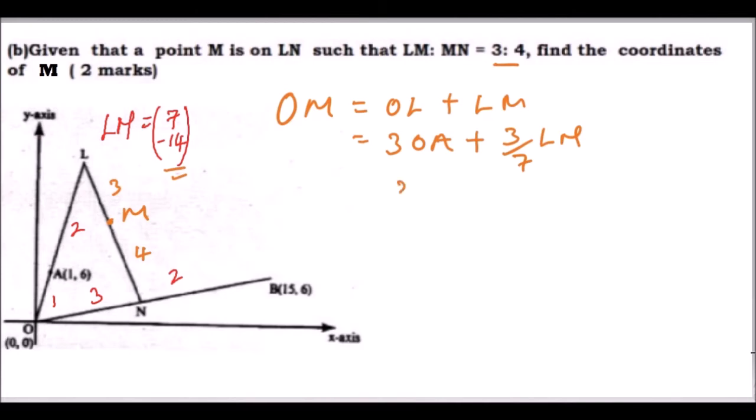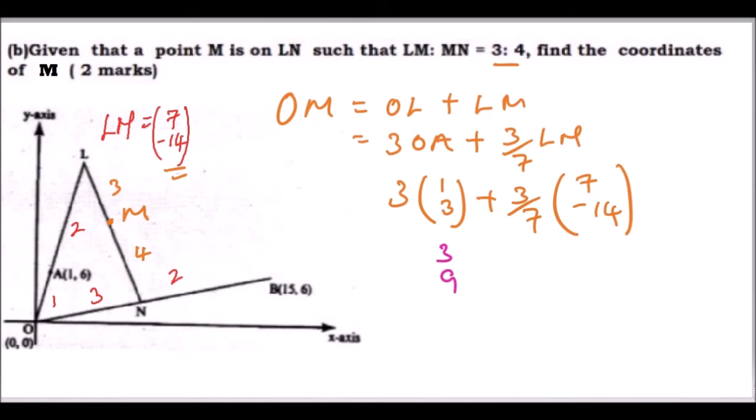So this is equal to 3 times our OA, which is (1, 6), plus 3 over 7 times our LN, which is (7, -14). So you can work that out. So this is 3 and 9. No, this is 6. Let's correct that. So that is 6. When you multiply, this should give you 18.